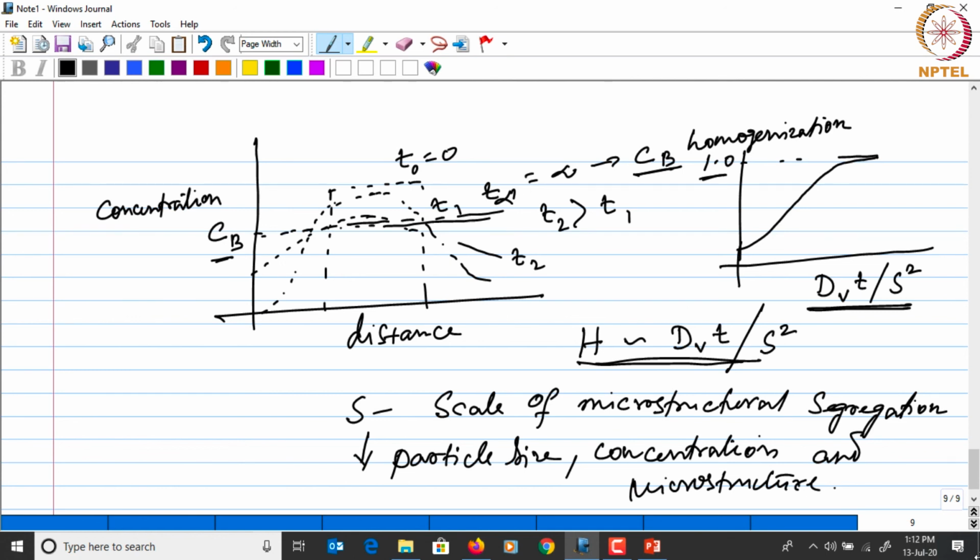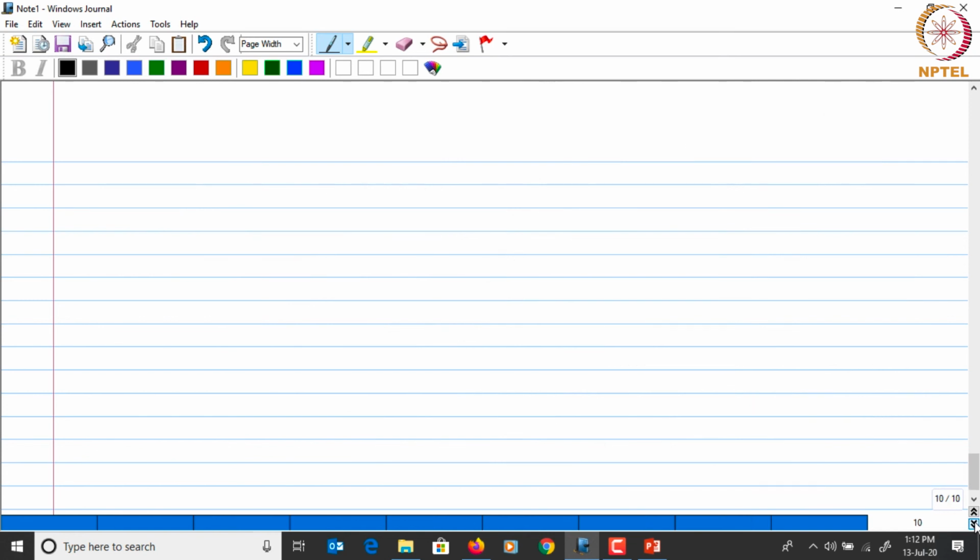Now the similar approach can also be used to make a composite material, that is the third category that we talked about. Here you have a matrix material, let's say you have a metal, and you are adding another phase which is completely different from it.